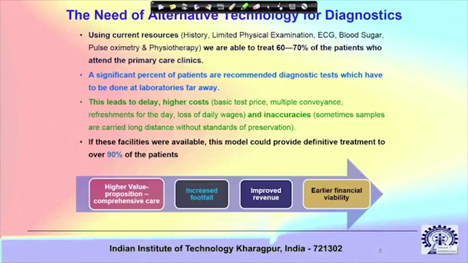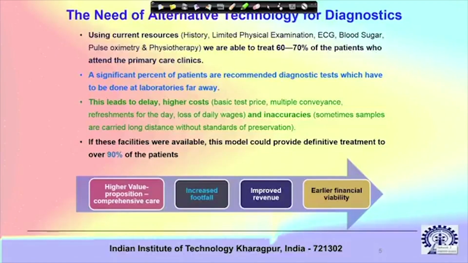A significant percent of patients are recommended diagnostic tests which have to be done at laboratories far away. As per the current resource constraints, this is what is done for the rural healthcare kiosks. This leads to delay, higher costs and inaccuracies, and this is a very significant thing.